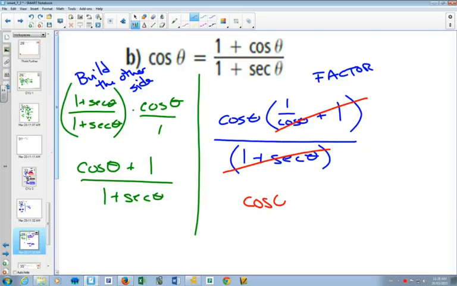And then we just get cos theta, and that would match with our original left side. So you have all of these different options for proving, and they're all right, and there's no deductions for long proofs or short proofs, as long as in the end you can make the left side equal to the right side. And that comes with practice.